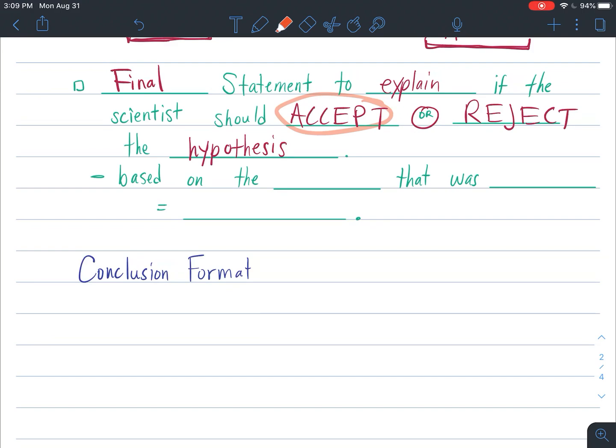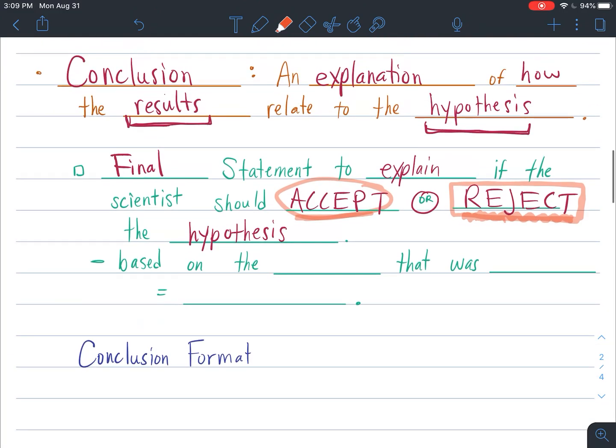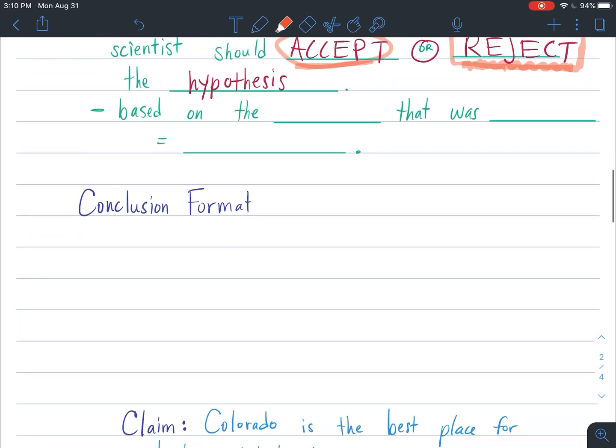But if your guess was not accurate, then you would want to reject the hypothesis. So it's your final statement of saying, are you going to accept the hypothesis or are you going to reject the hypothesis? And the way that we know which one to choose is that we go back to our results, and our results are the data that we collected. So you must use data in your conclusions to explain if the hypothesis was accepted or rejected.